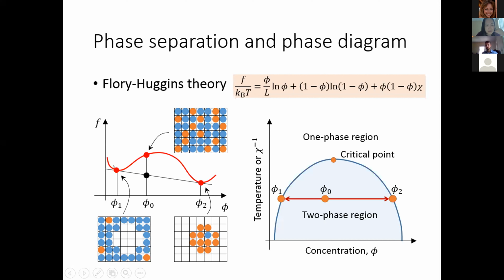Then you find the dilute phase concentration here and dense phase concentration here, and these two points enter here with the y-axis being the temperature. Then you can change the chi or the temperature, and you will have another free energy shape, and you do another convex hull analysis, and you find another two points on the line. That's a way to find the phase diagram.